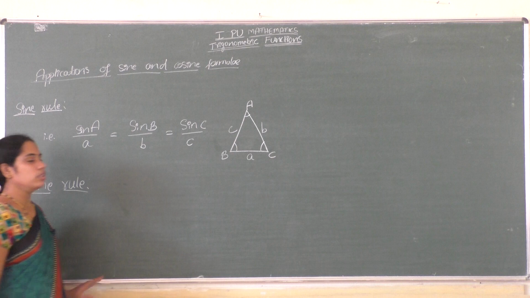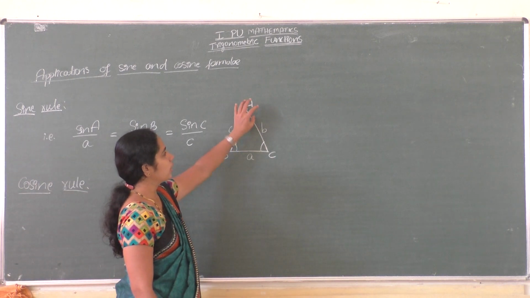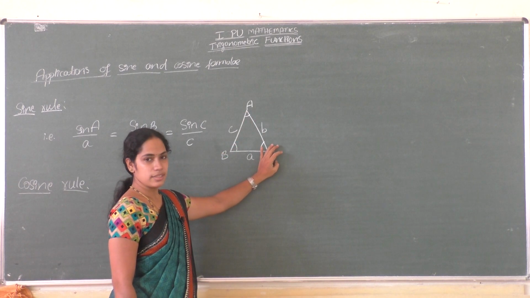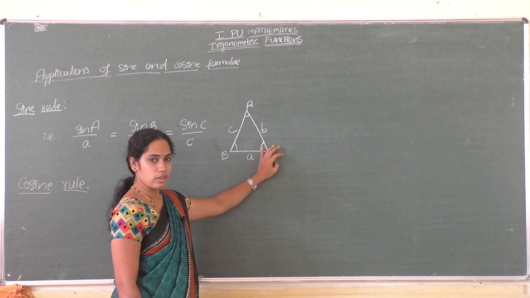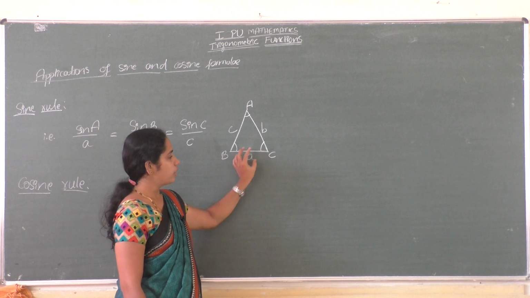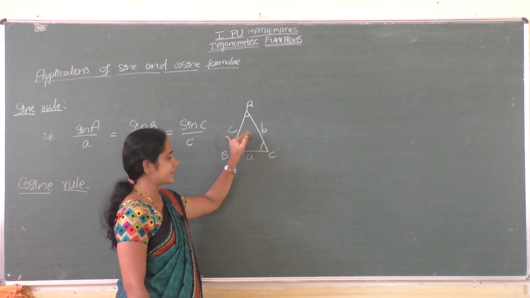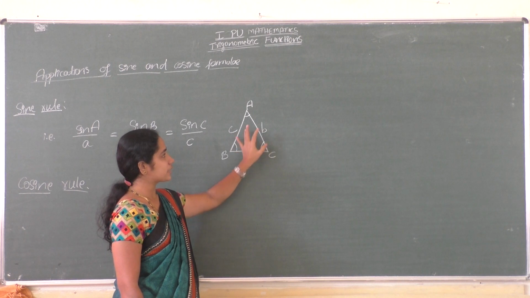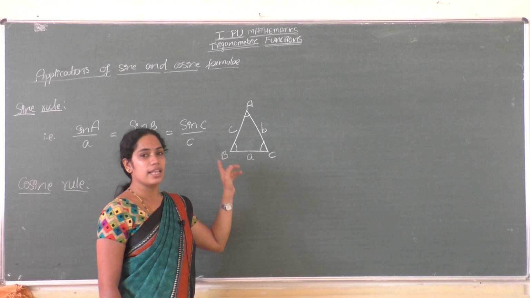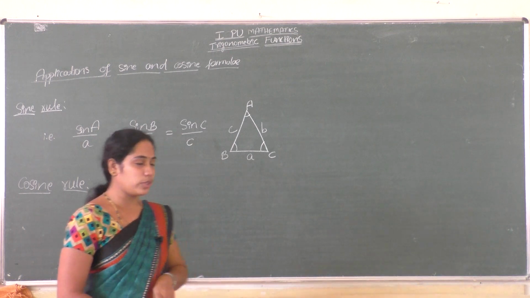Okay, cosine rule. Here A, B, C are the angles of a triangle and small letters a, b, c are the lengths of sides opposite to angles A, B, C respectively.